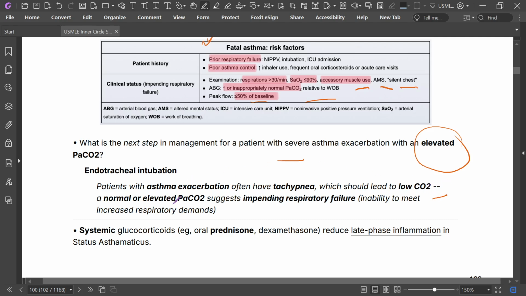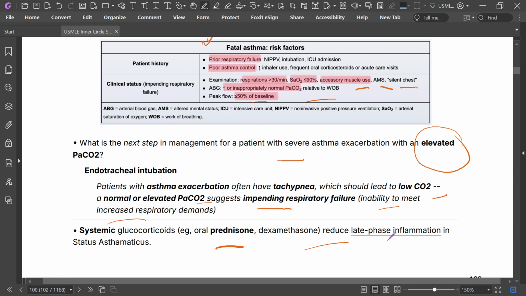A normal or elevated PaCO2 signals impending respiratory failure and inability to meet increased respiratory demand.